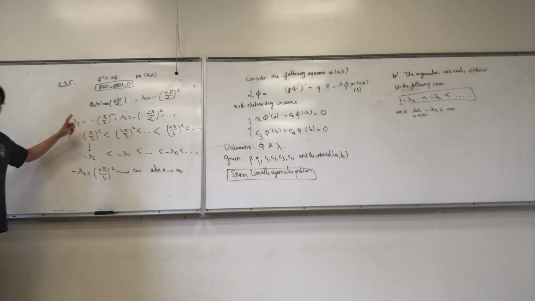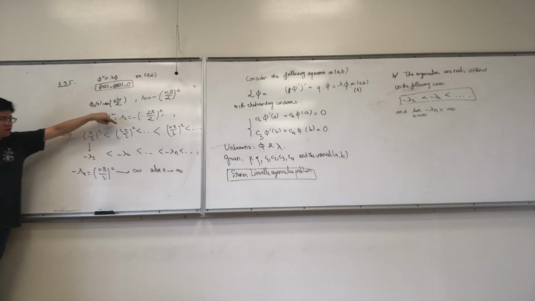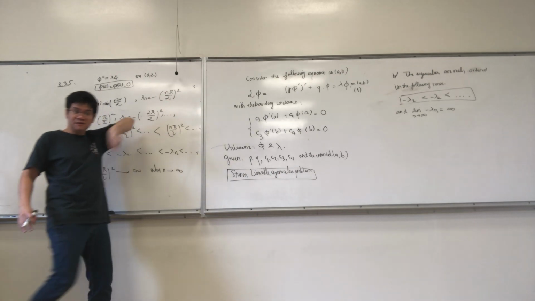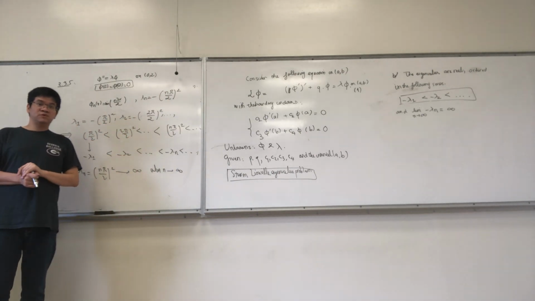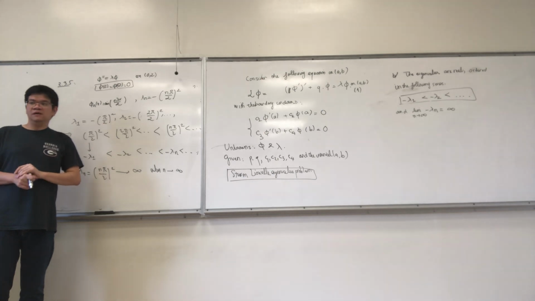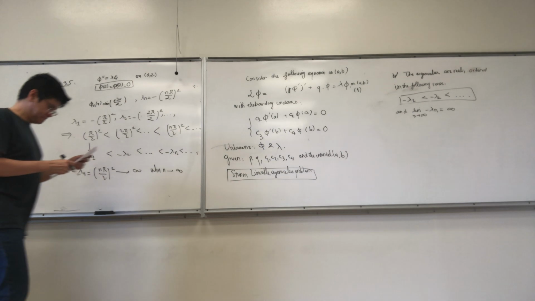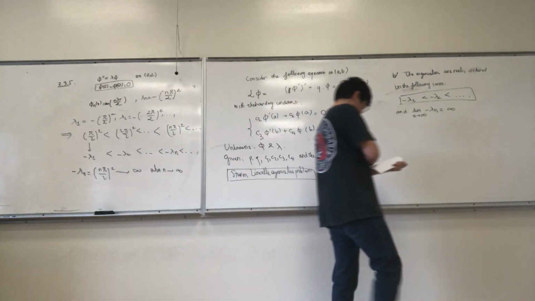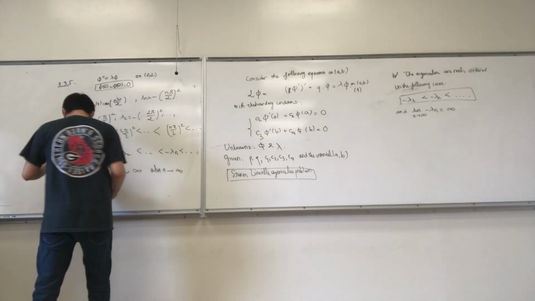You see that clearly in this example. You have lambda n is minus (n pi over 2) squared, which means that all of the smaller indices are smaller than all of the bigger indices, and this goes to infinity. Questions? Right. So now the next property is the following.